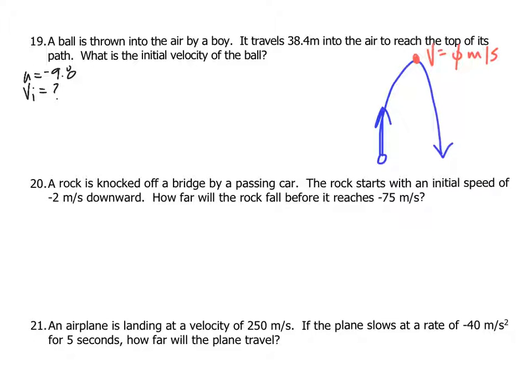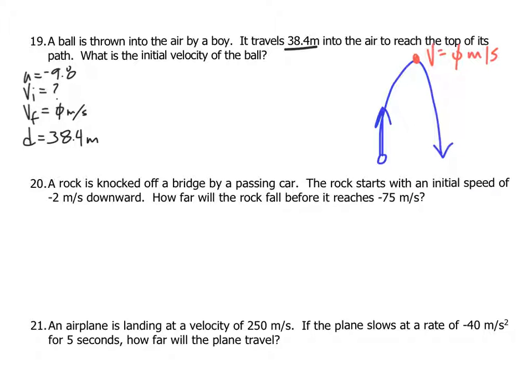I know the velocity at the top, the highest point, is 0. And I know the height that the ball travels is 38.4 meters. So A, VI, VF, and D.